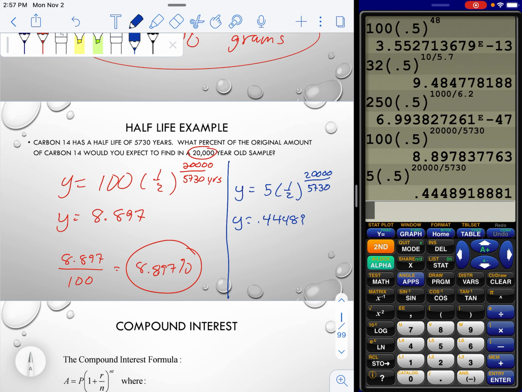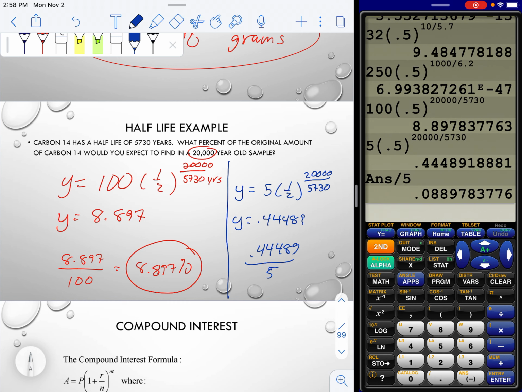If we take that answer, the 0.44489, and divide it by what we started with, which is 5, we get that exact same decimal. From that line to that line, that is 8.897%. So we can get it regardless of what starting value we pick. If we're comparing a percent, it's part of it divided by the whole thing. So there it is.